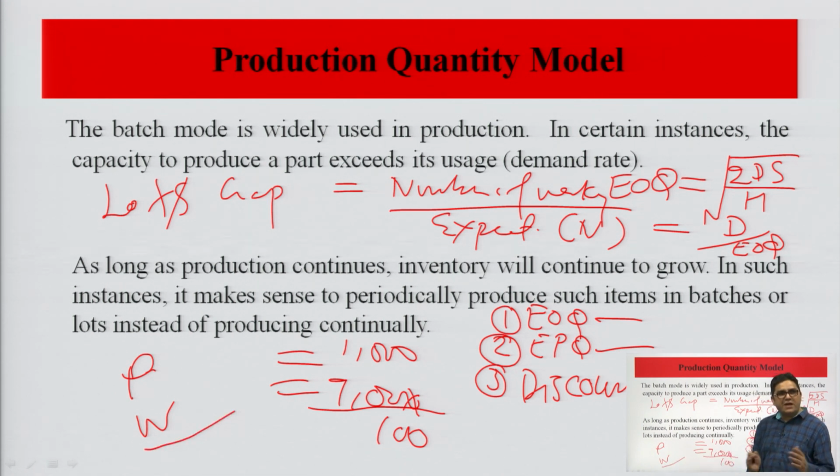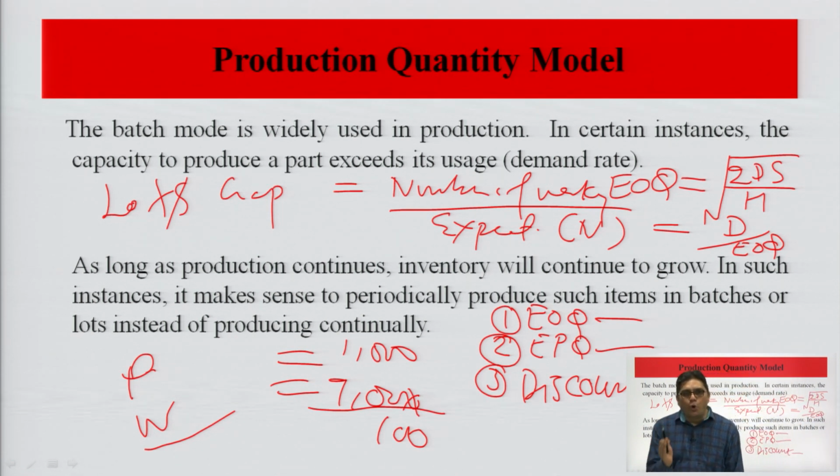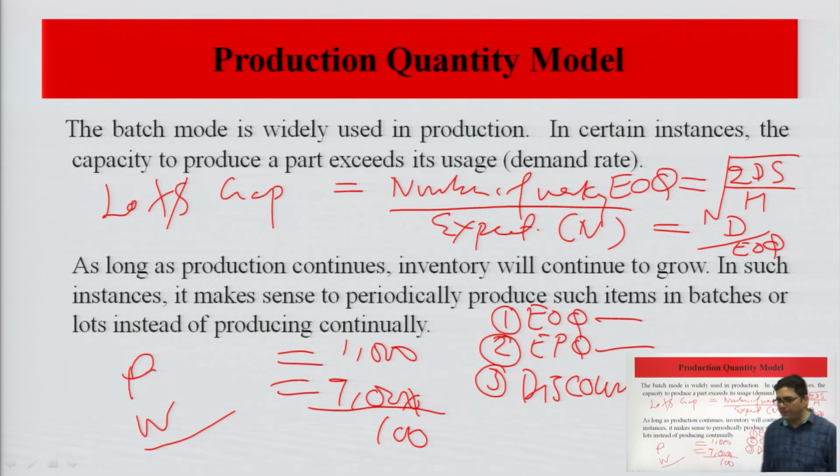If there is a difference between production and usage, some goods in every lot keep going into inventory. Therefore, it is important for the organization to know the optimum production size, so that not too many goods go into inventory, which leads to extra cost or higher cost to the organization.